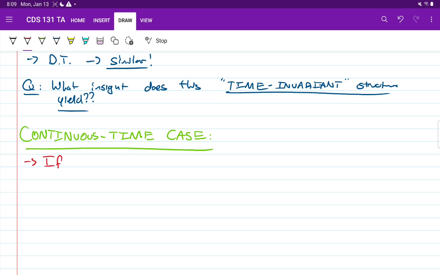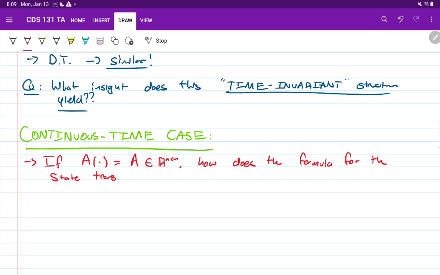So we'll figure out how the state transition matrix simplifies in the time-invariant case. Okay? So what I'll ask is, if A, which is ordinarily a function of time, is equal to some constant A in R n by n, how does the formula for the continuous time state transition matrix simplify?